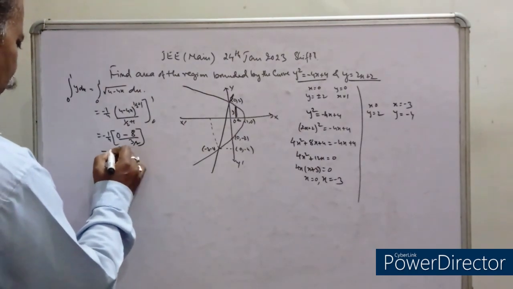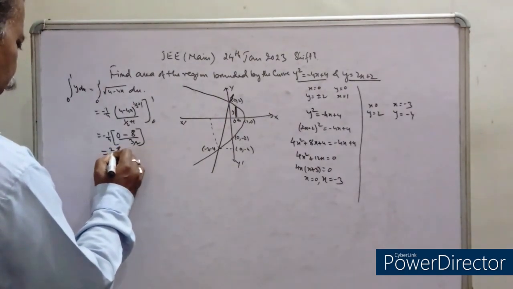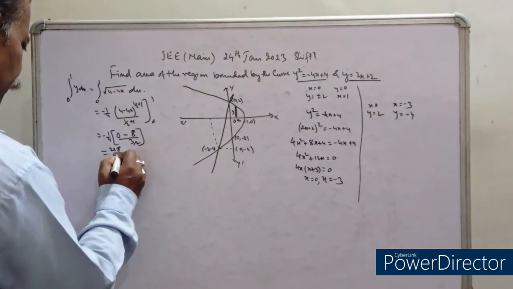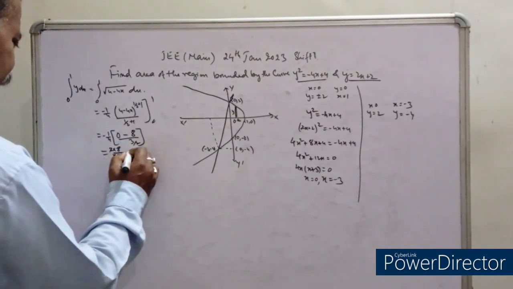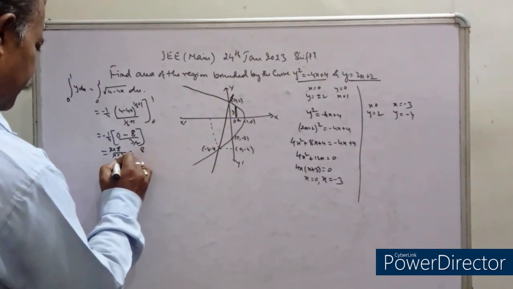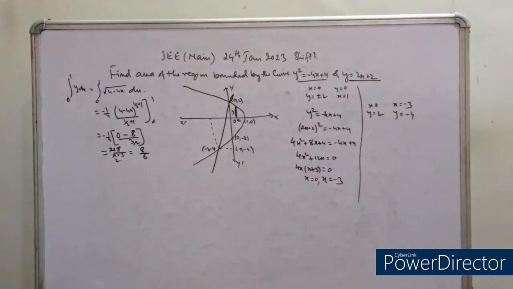So this comes out to be 2 into 4 into 3. So this cancels out 8 by 6. This comes out to be 8 by 6 square unit.